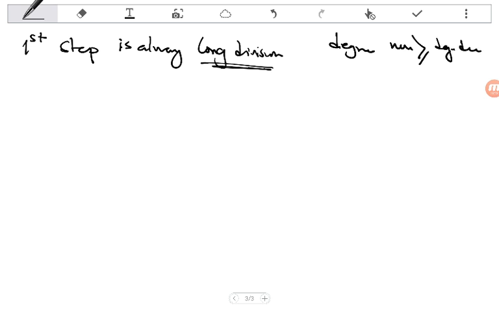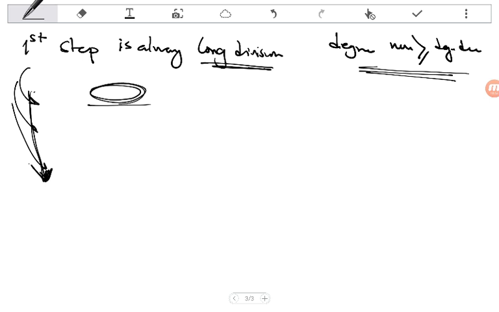Okay? The other steps cannot be performed in any expression with this condition. Now we will learn some other steps. I can't perform any of these steps with a fraction with a degree in the numerator greater than or equal to the degree in the denominator.